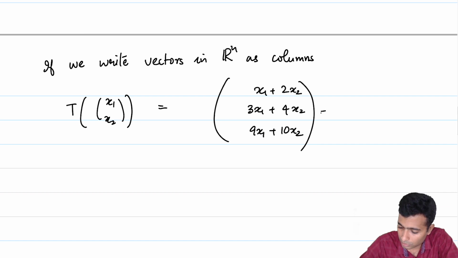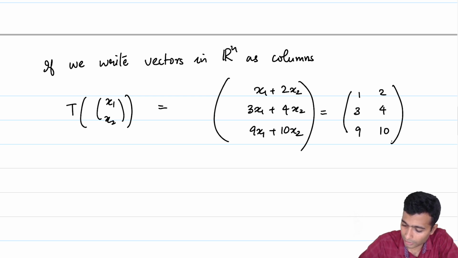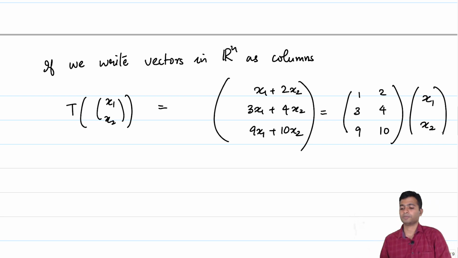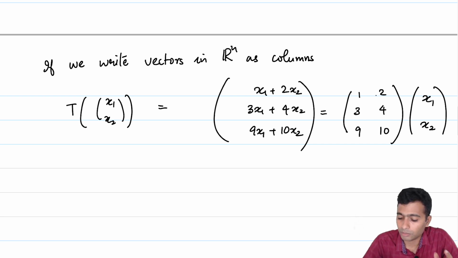But what is this? This, if you observe carefully, is the matrix 1, 2, 3, 4, 9, 10 multiplied to the column vector x1, x2. So, what we have done is we have realized that there is a matrix corresponding to this particular linear transformation.